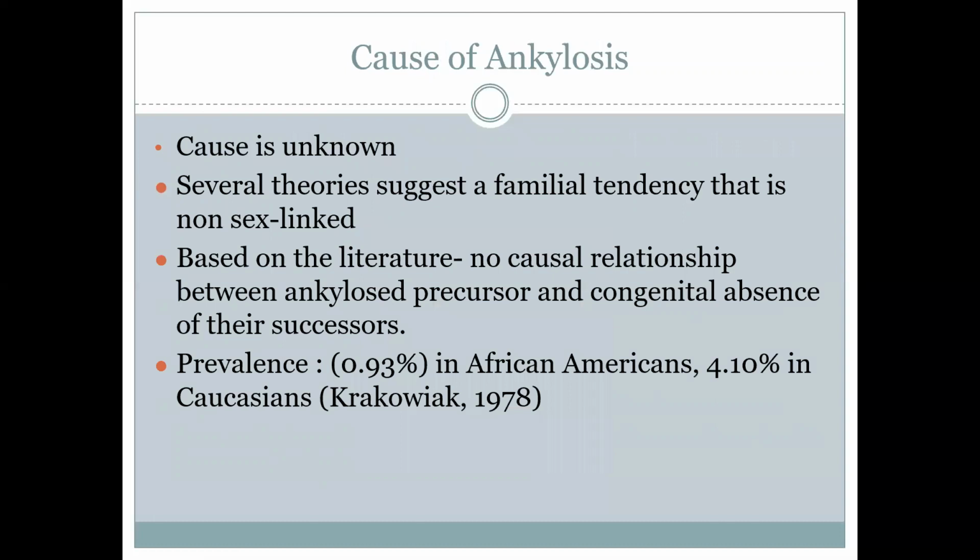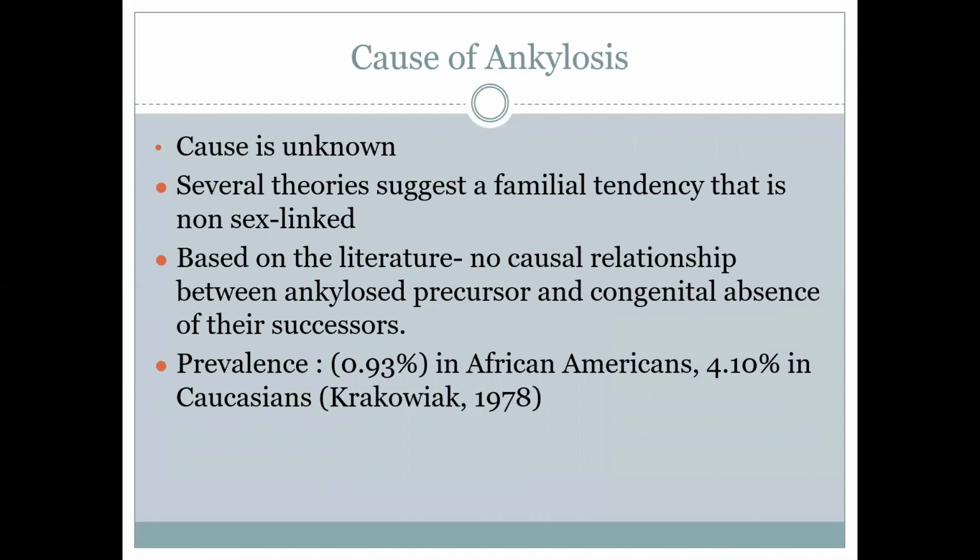Causes of ankylosis is unknown. Several theories suggest a familial tendency that is non-sex linked. And based on the literature, there is no causal relationship between ankylosed precursors and congenitally absent successors.